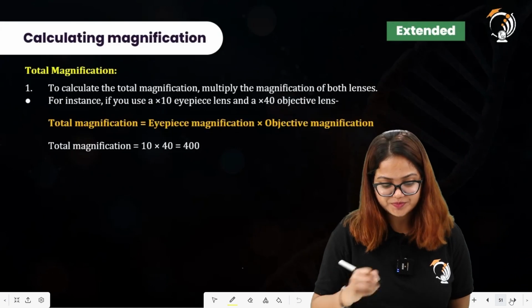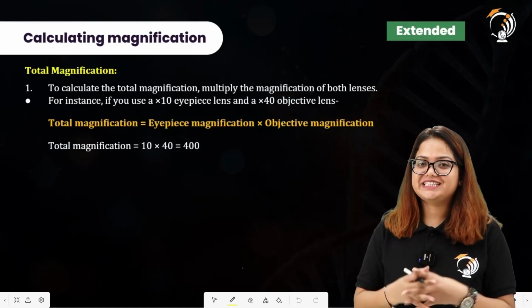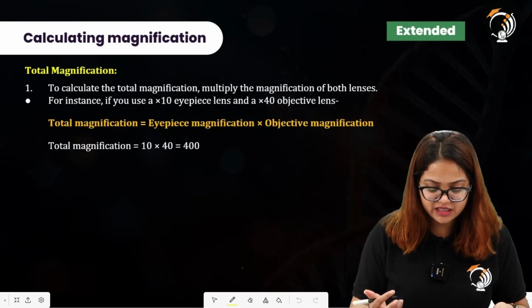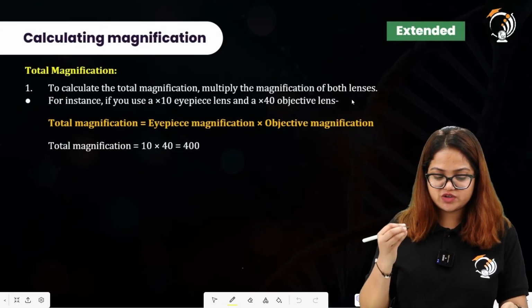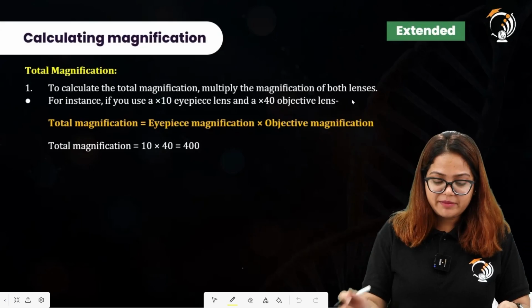All right, so how to calculate the magnification? First of all, what do we mean by magnification?